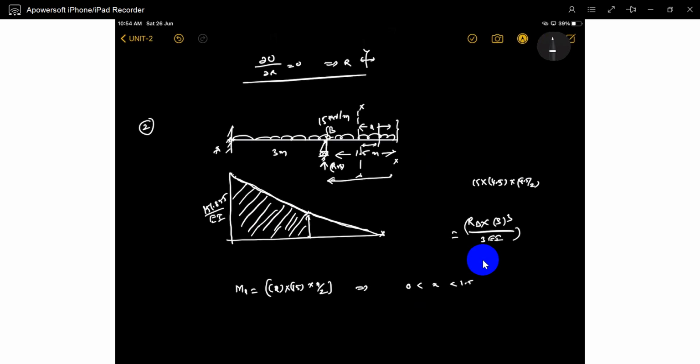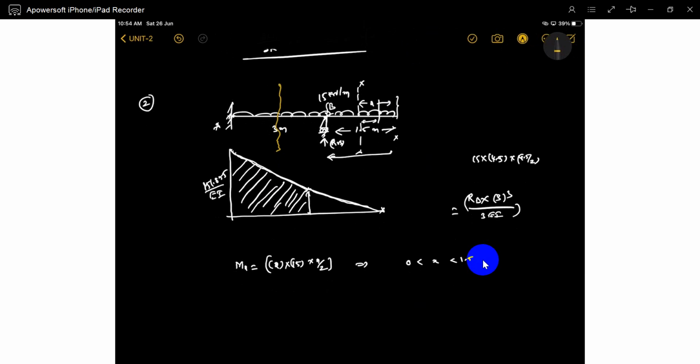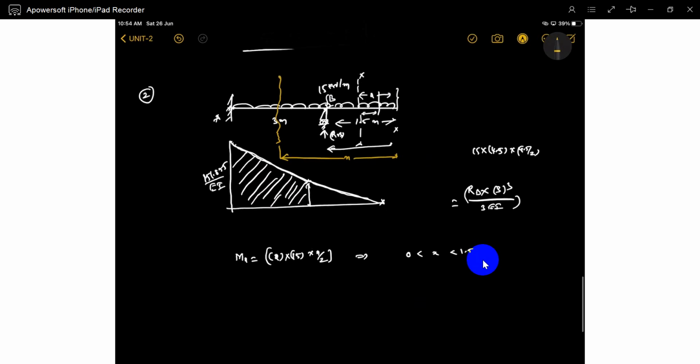Later, if you choose something at this location, this is x from this point. What is the moment equation? Mx is 15 into x into the same x by 2. But also this R is coming now.